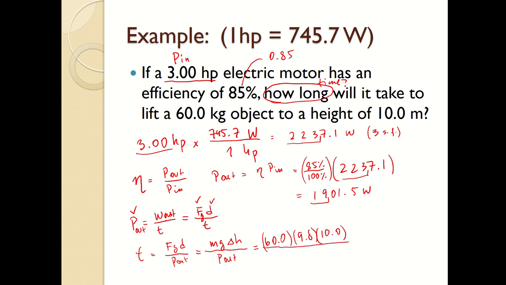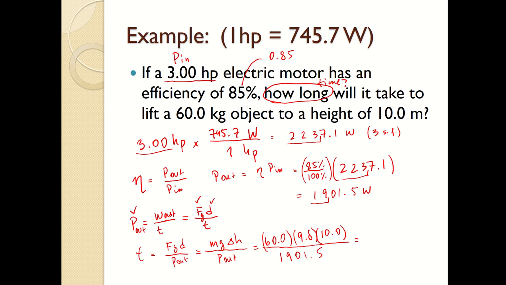So we have 3 sig figs on the top. On the bottom, we're going to end up with 2 sig figs, but I'm going to use this whole number here in the calculation, 1901.5. And let's see what we get for the time. So 60 times 9.8 times 10, we get 5,880.